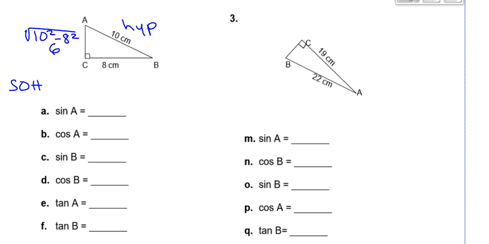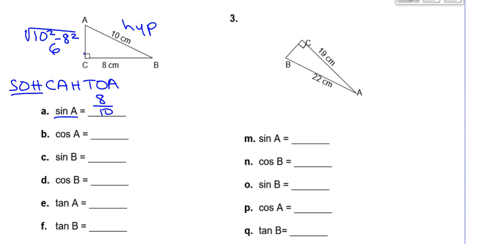Maybe I'll write it here again. For the first couple, notice they mix up the A's and B's. So the sine of A is equal to the opposite over the hypotenuse. If in my mind I trace that A, the opposite side is 8, and the hypotenuse is 10. So the sine of A is 8 over 10.